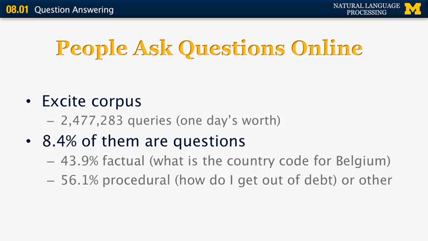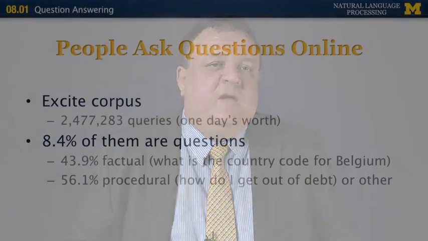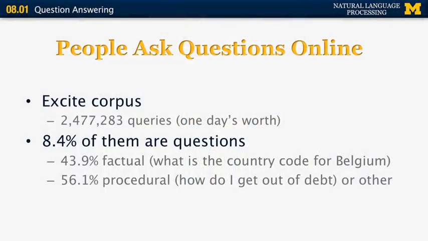And simple analysis showed that about 8% of those were in the form of natural language questions, even though the search engine was not really supposed to understand natural language questions. So that means that users are expecting the search engine to understand human language questions, even though it's not officially designated for that. So of those 8%, about half were factual questions.